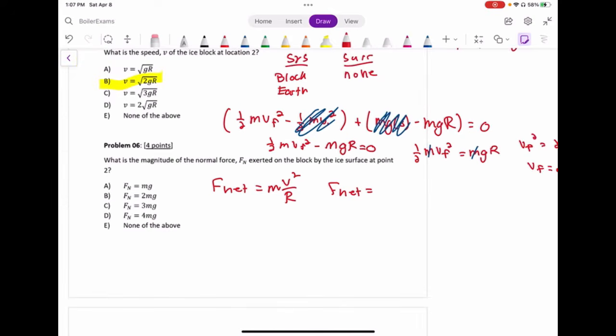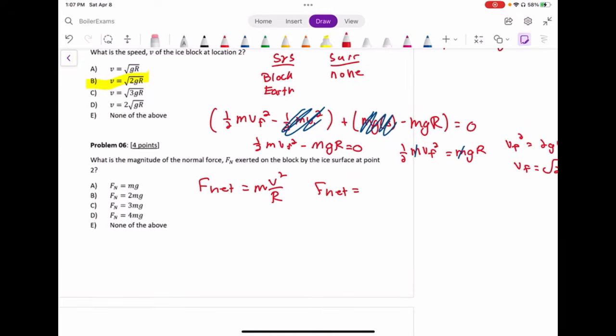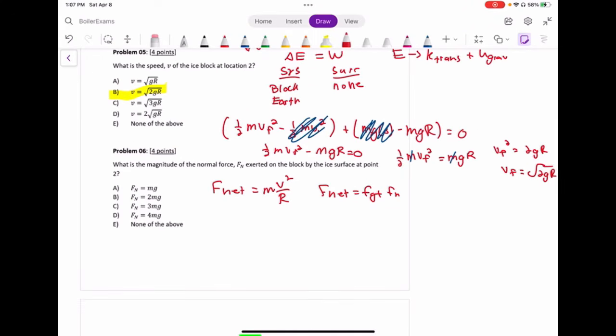So, let's see. Our net force is going to be Fg plus Fn, and we know Fg is equal to mg. So we can sub this all in.